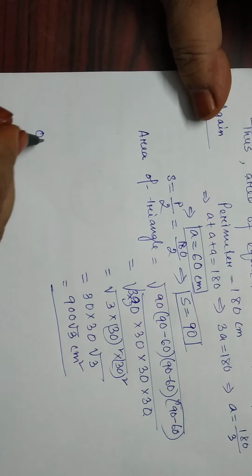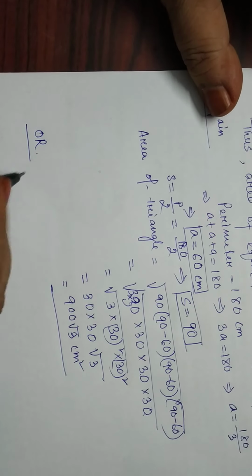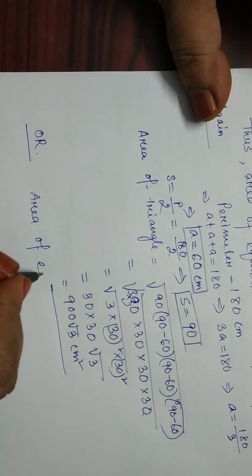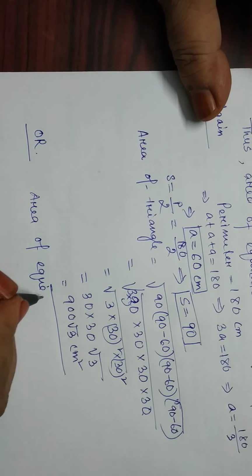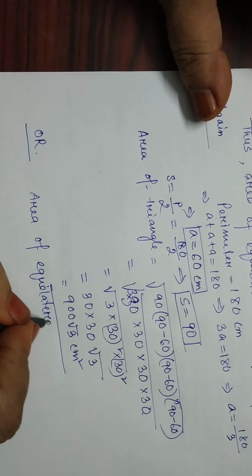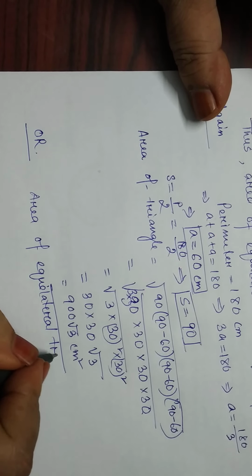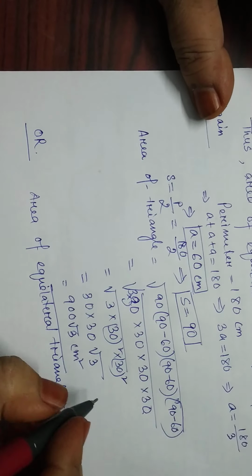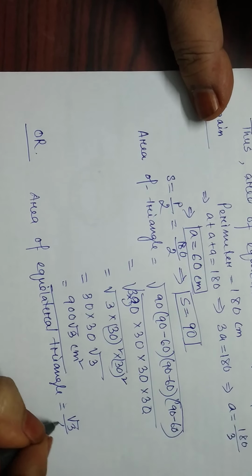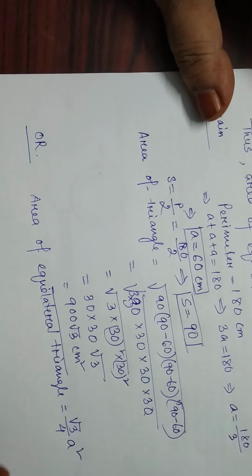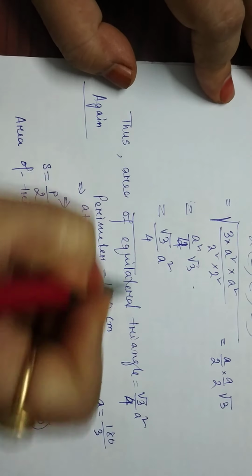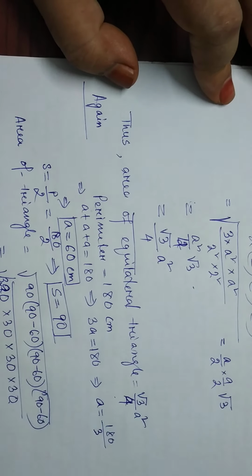Or if we know the formula, the area of an equilateral triangle is equal to, we have already found what? Root 3 by 4 a square.